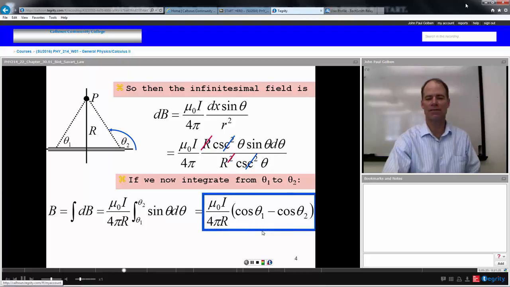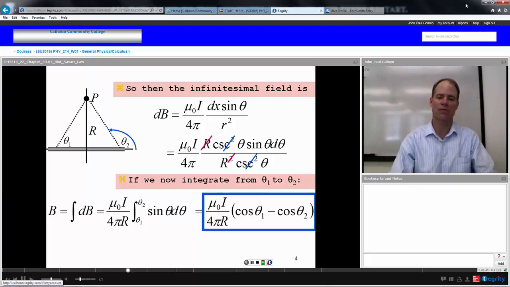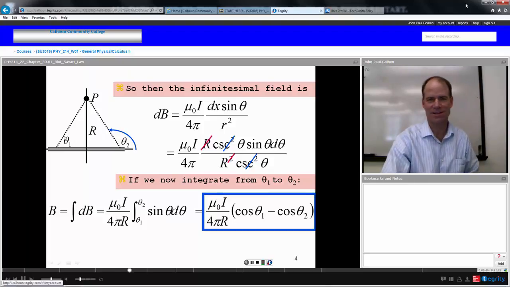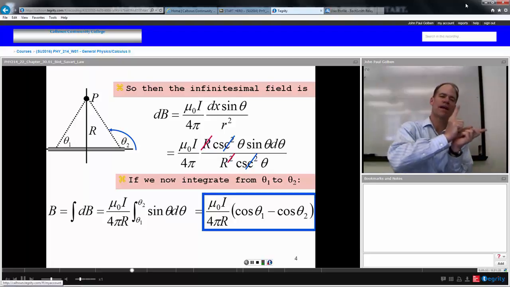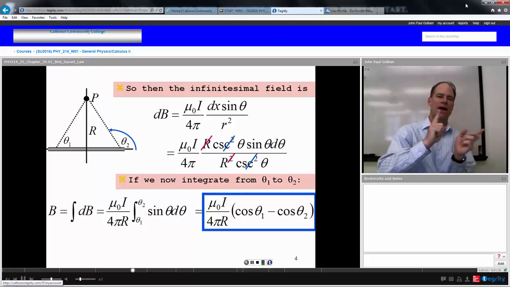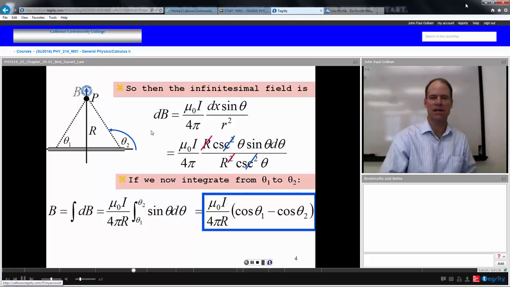So we have, for our final magnetic field at point P, a perpendicular distance R away from the line of action of this current, mu naught I over 4 pi R times cosine theta 1 minus cosine theta 2. Theta 1 is the angle between the current direction and the vector pointing to the point on either end of this line segment.